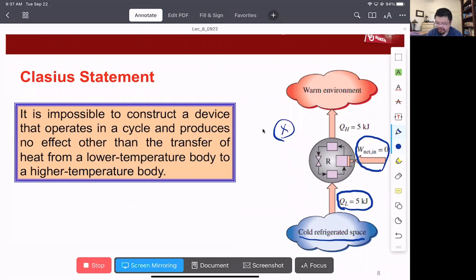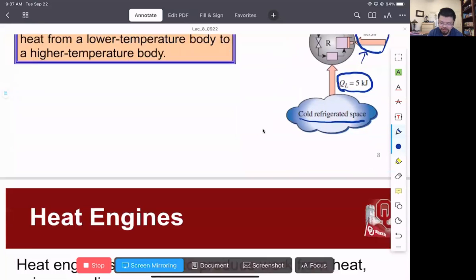You cannot receive 5 kilojoules from the cold reservoir and release that spontaneously to the hot reservoir without any involvement of work. So that is the Clausius statement.